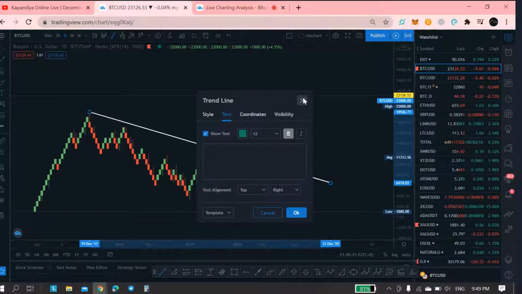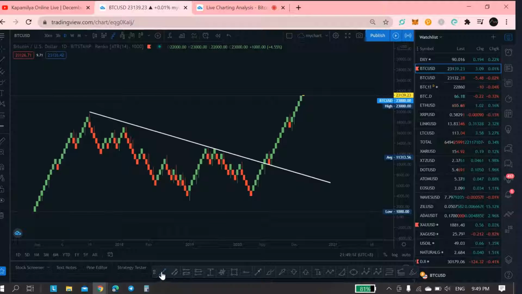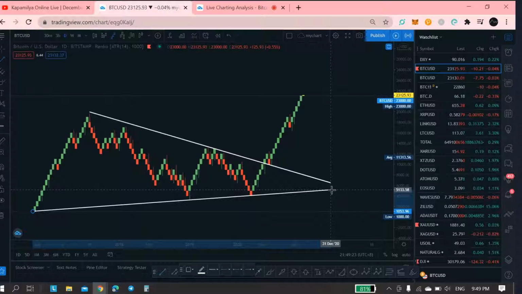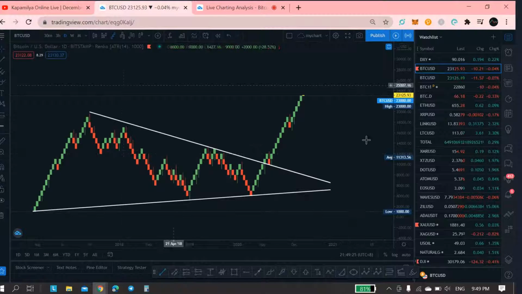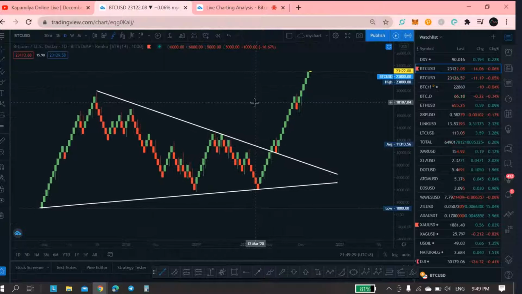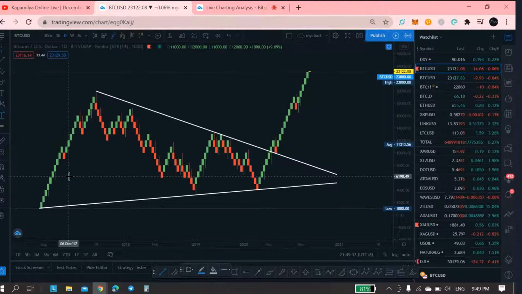But that long-term resistance area has already been broken. So this is a triangle, and normally in a triangle we measure the height and then put that at the breakout.